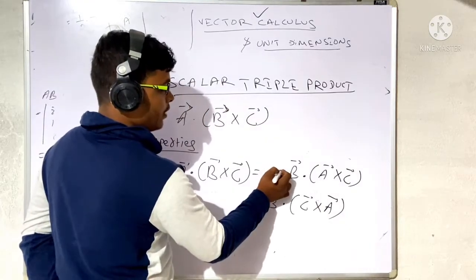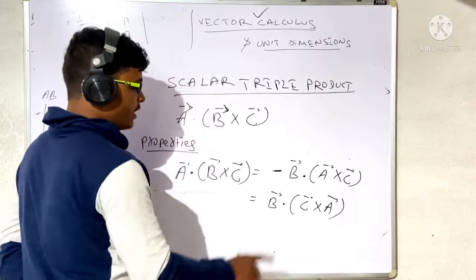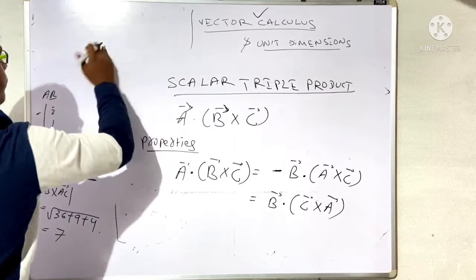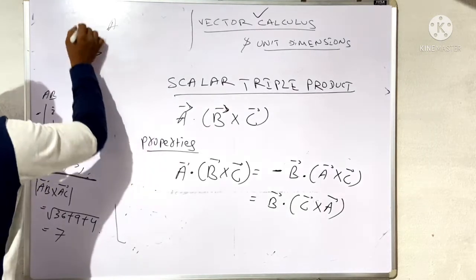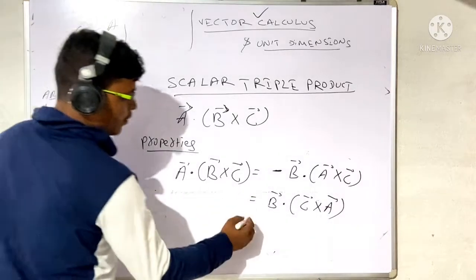Here there is a negative sign. If you change one place, then there will be one negative sign. If you do not change any place, that means remember the circular form A, B, C. If you are writing in a clockwise form, then there will be no negative sign.